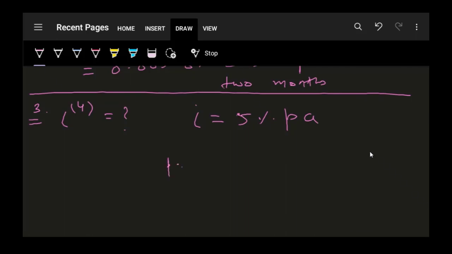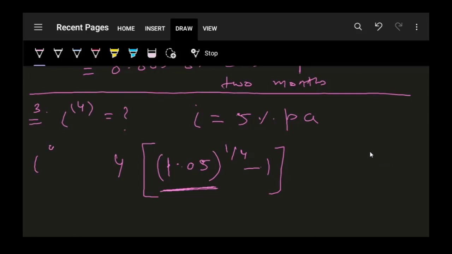Since this 5% rate is per annum, I'll first get the effective rate for 1 quarter by doing this. By this factor, I get the accumulation factor for that 1 quarter, and I'll subtract 1 to get the effective rate, and then I'll multiply it by 4. So I will get this rate as 4.90889%.